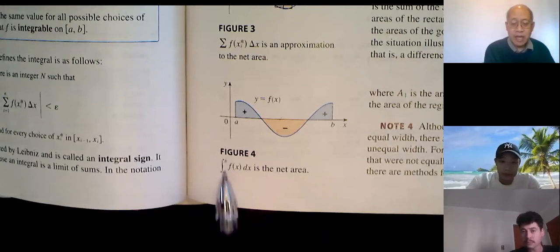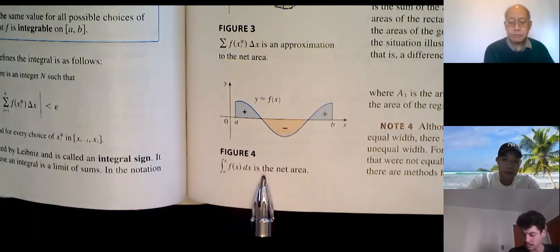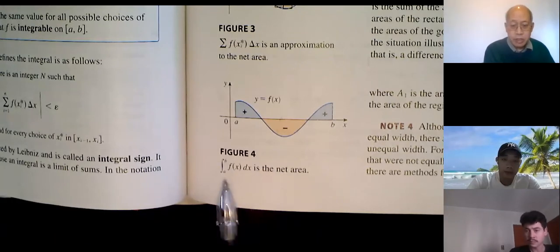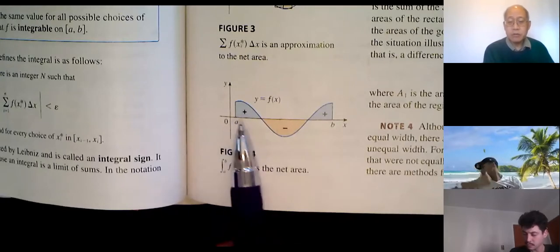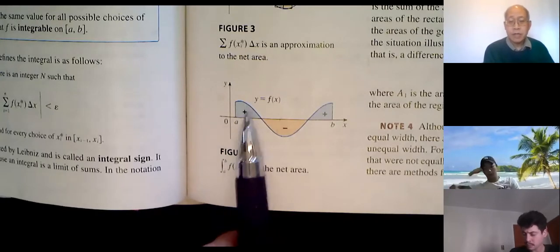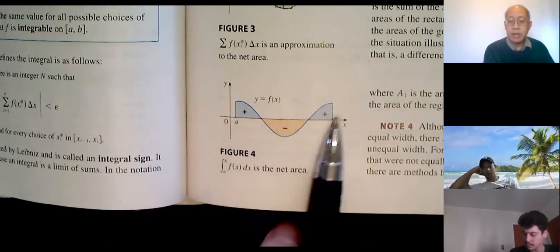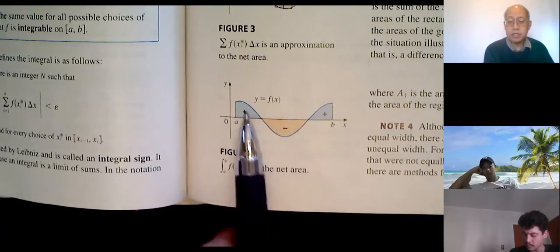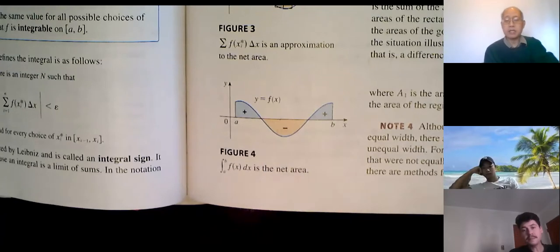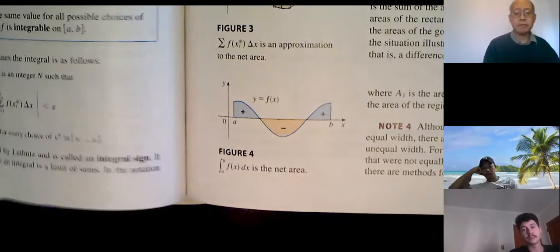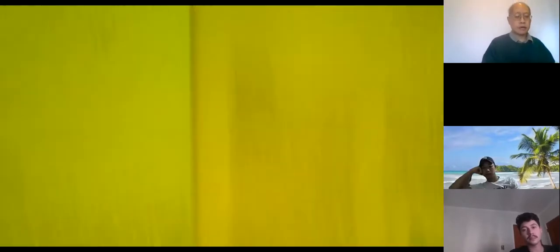If I don't have the a and the b, then it's anti-differentiate plus c. If I do have numbers here, we're talking about an actual exact value, which we don't know how to get right now. It doesn't make sense right now, but don't worry. By the end of the course, we'll tie it all together.